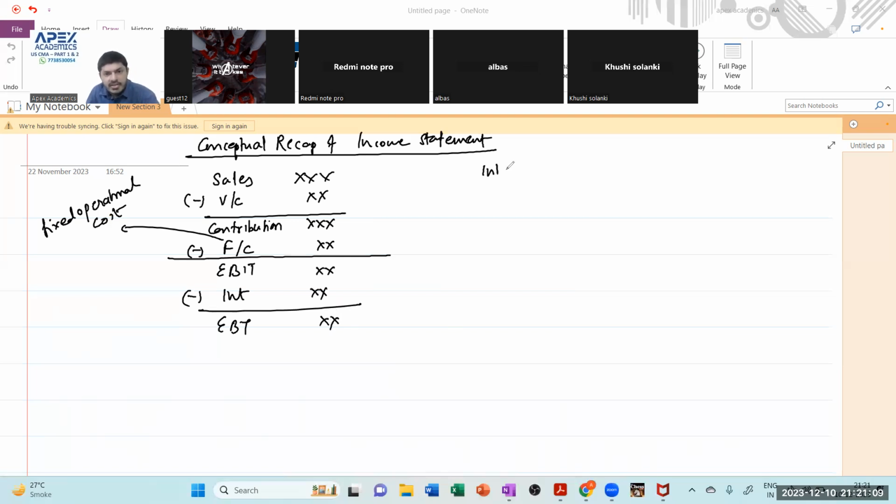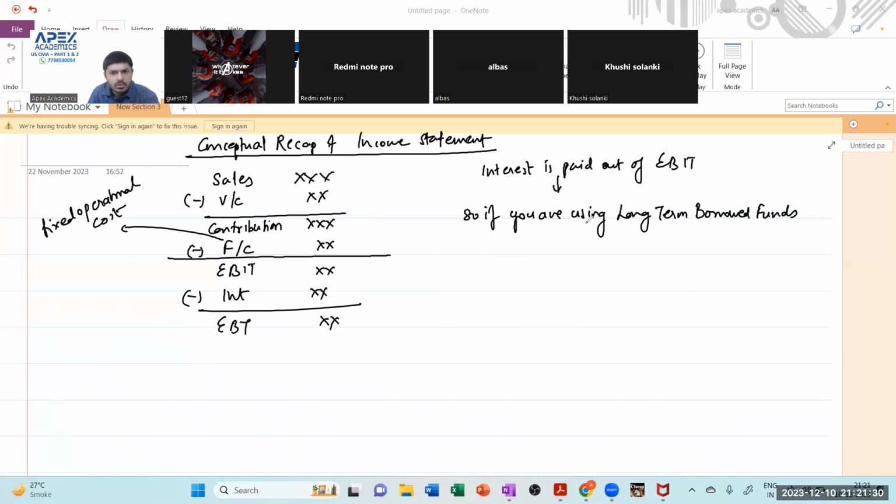Now, basically, interest is paid out of what? EBIT. So if you are borrowing funds, or if you are using long-term borrowed funds, you need to have sufficient EBIT to pay the interest.